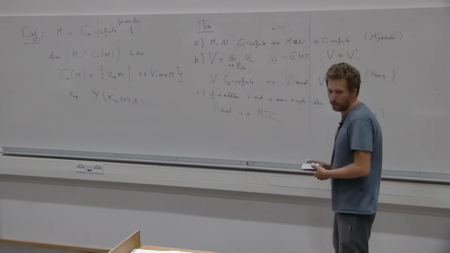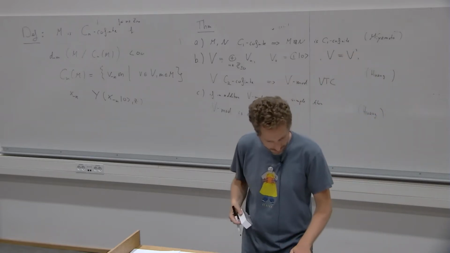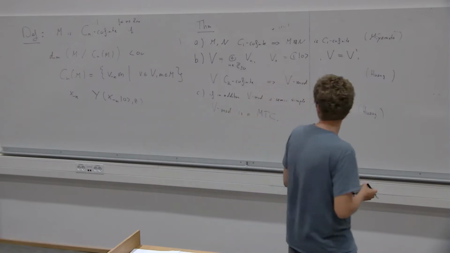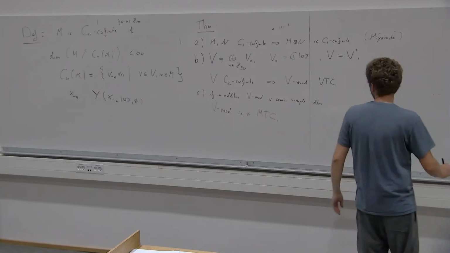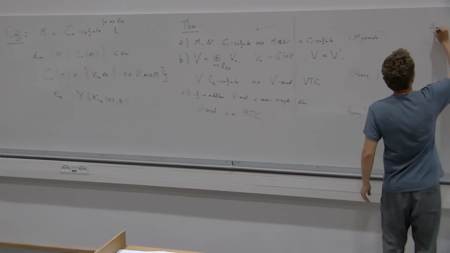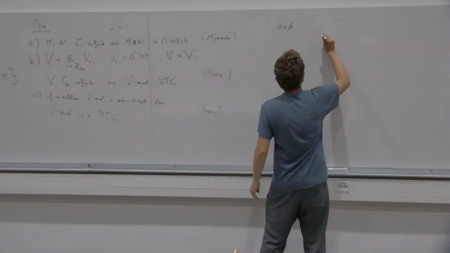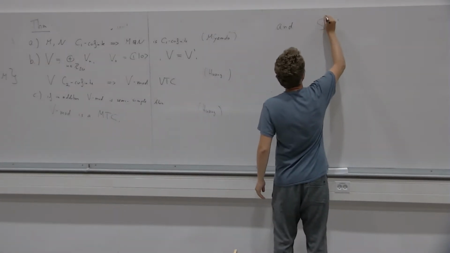And moreover, in this case, the following holds. Last lecture I told you one can use the Hopf link to derive this Verlinde formula. What Wang also proved is that the following nice identity holds.